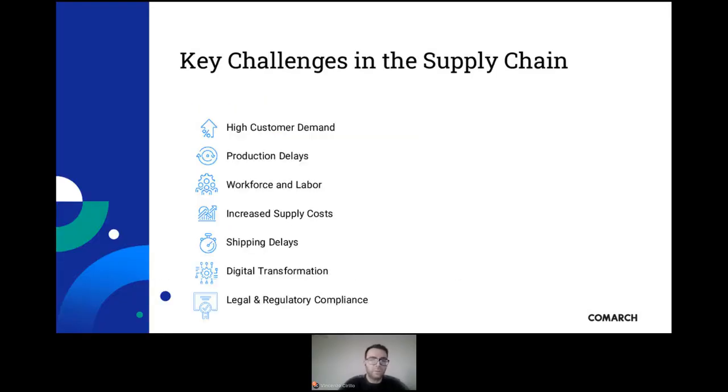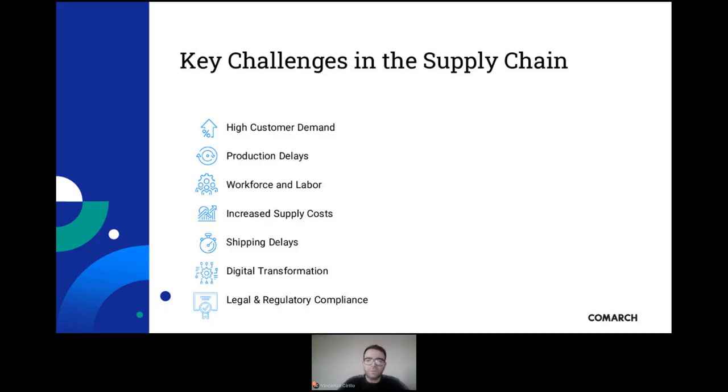The modern supply chain needs to evolve in order to meet the high demands and challenges, and supply chain leaders should plan in advance to keep everything running smoothly.